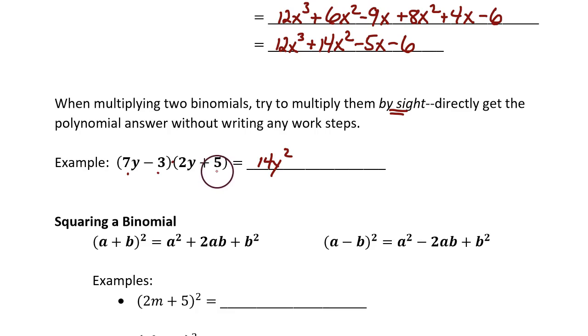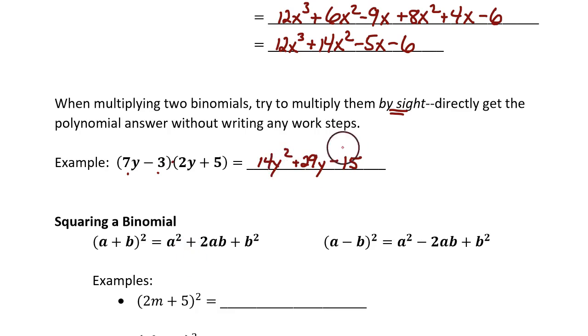Remember that. Negative 3 times 2y is negative 6y. Then, in your mind, combine the 35y and the minus 6y. That makes positive 29y. Finally, multiply the negative 3 to the positive 5. That makes negative 15.